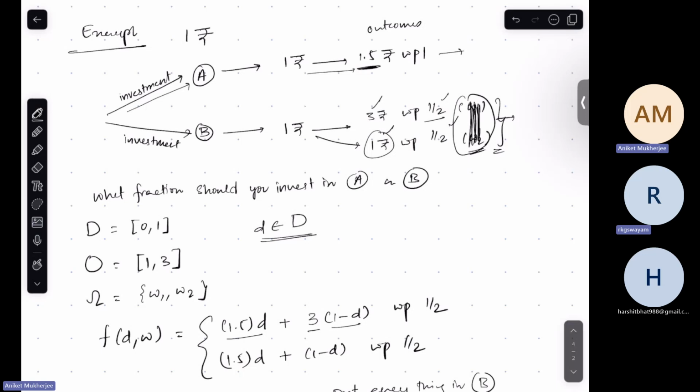They don't want the worst case. So you're minimizing over your outcomes and maximizing over decisions. One of your decisions is to invest everything in A. There you know that you'll get 1.5. But when you invest everything in B, the least outcome you'll get is 1, which is better than the least outcome in A. So you always want to put in A.